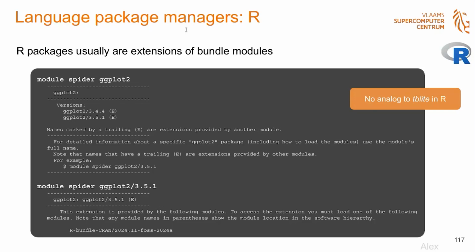Then by executing spider again with that specific version of the extension, it will tell you what module you need to load. For instance, here at the bottom of the screen, you see that to load ggplot2 version 3.5.1, I have to load the R-bundle-CRAN module version 2.24.11, and so on. That's your way to find the packages that you need with the modules that already exist in the cluster.